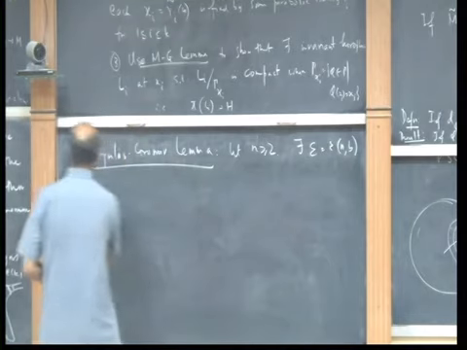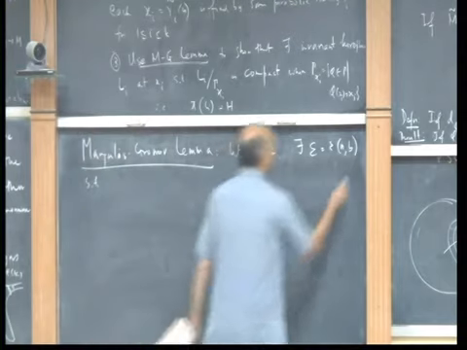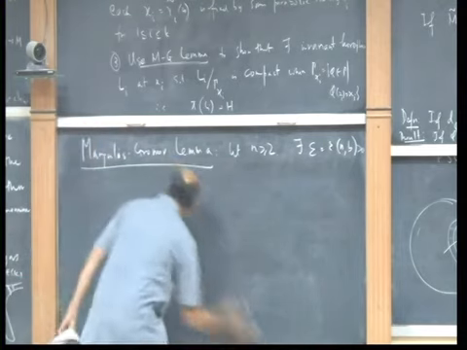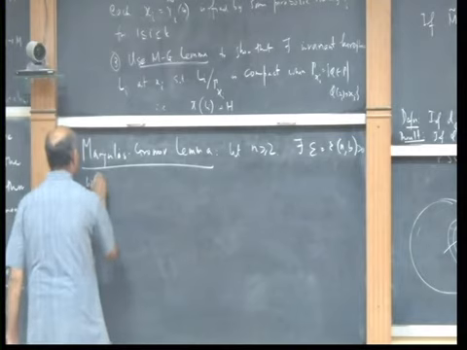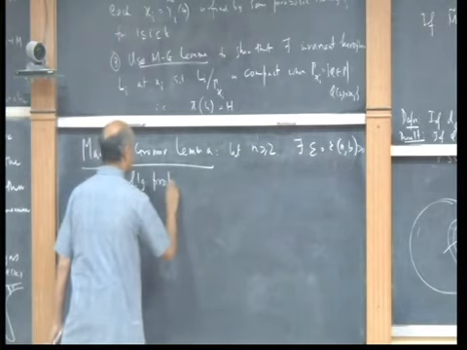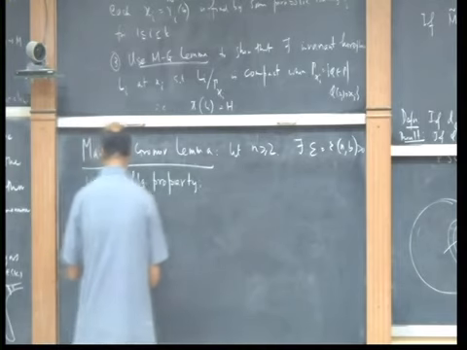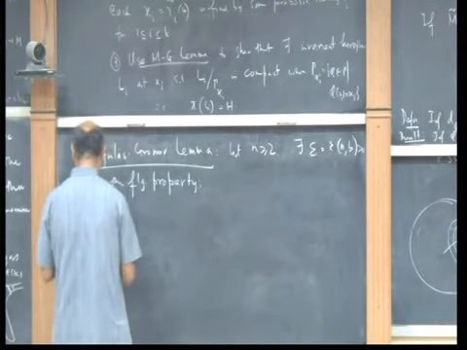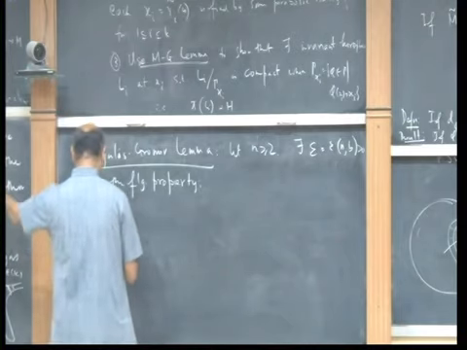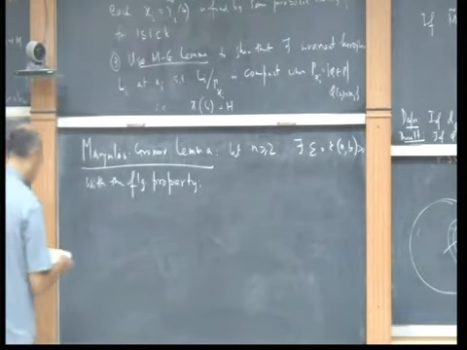Such that, in the same situation, M tilde is a Hadamard manifold, which is a visibility manifold, and gamma is a discrete subgroup, and so on.